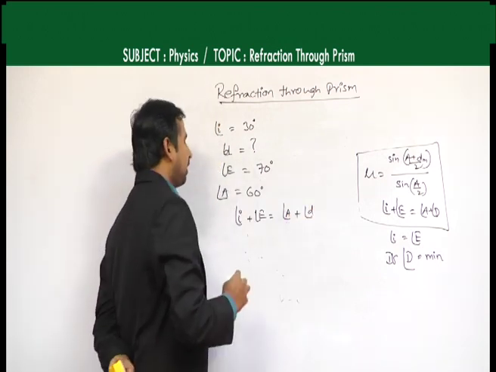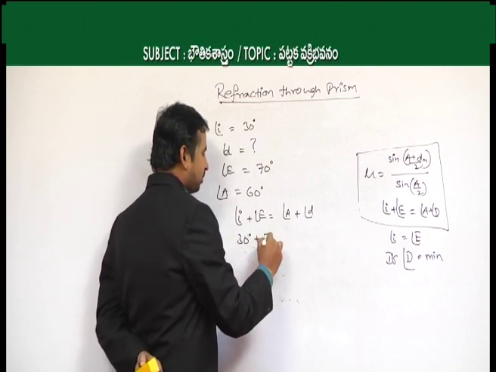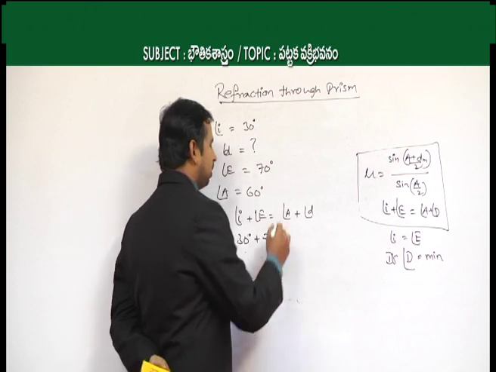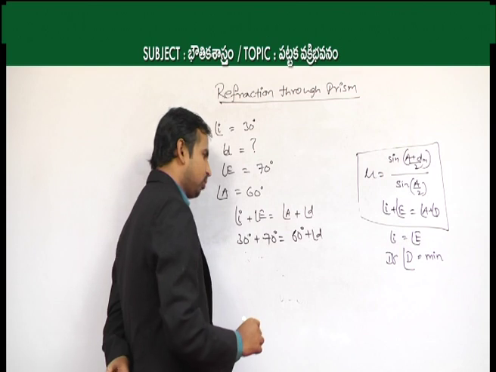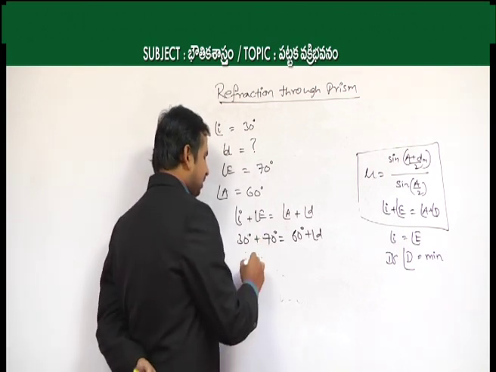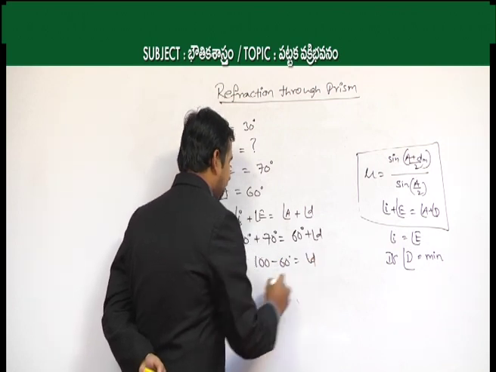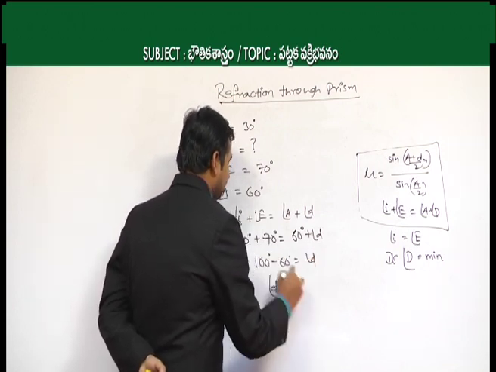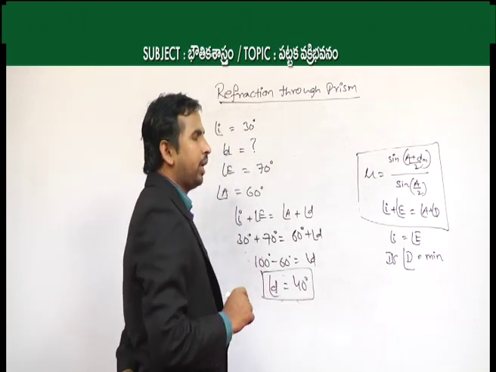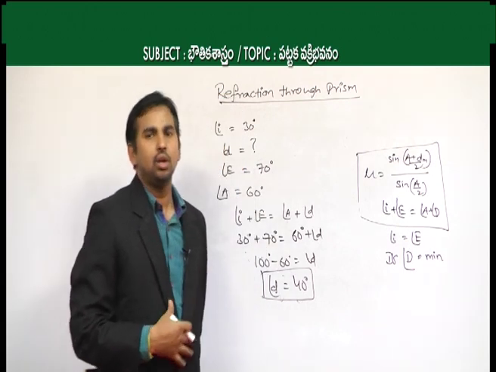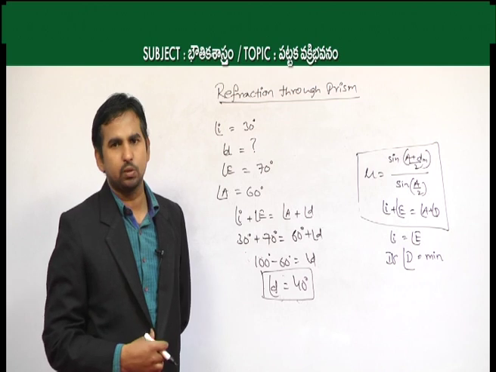That is, 30 degrees plus 70 degrees is equal to 60 degrees plus the angle of deviation we are finding, so 30 plus 70 which is 100, minus 60 degrees is equal to D, then the angle of deviation becomes 40 degrees. Like this, if we know the angle of incidence and angle of emergence, we can find the angle of deviation for the given equilateral glass prism.